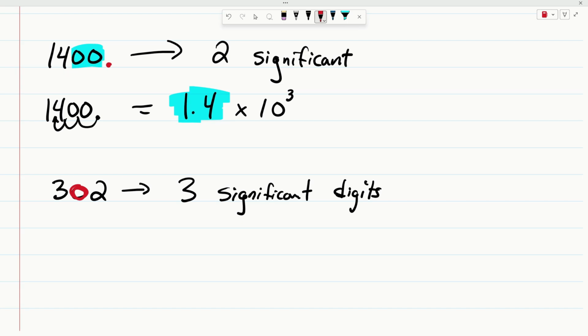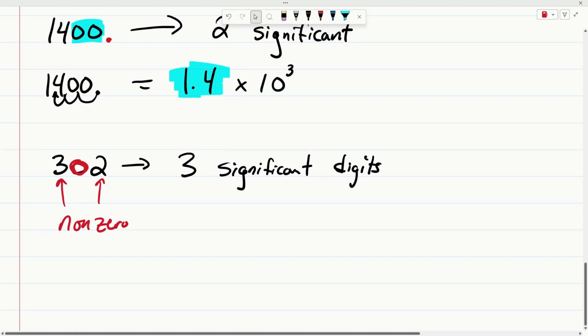It's not being used to shift a decimal. We need that number. This is 302. So if a 0 appears between 2 non-zeros, it is significant. Okay? So 302, 3 significant digits. You need all 3 of these numbers to get the actual value.